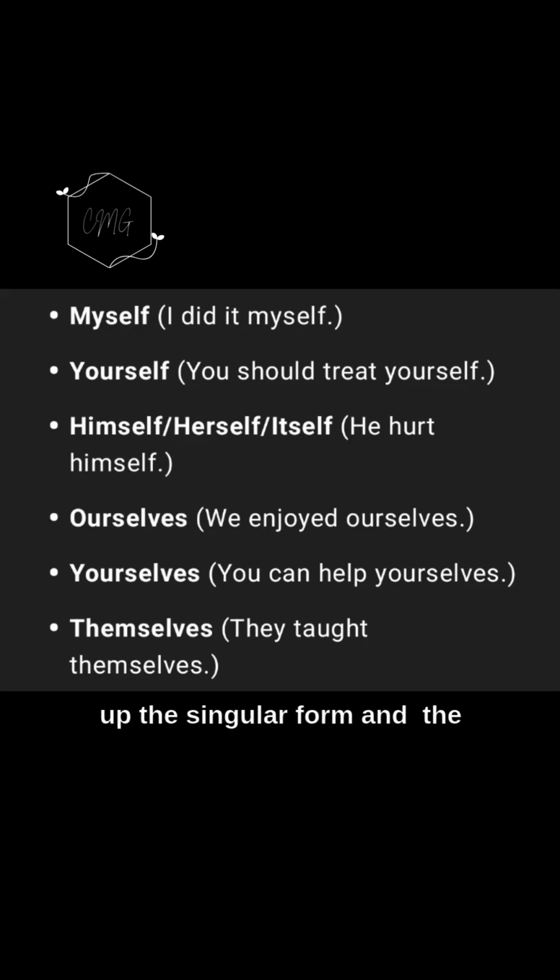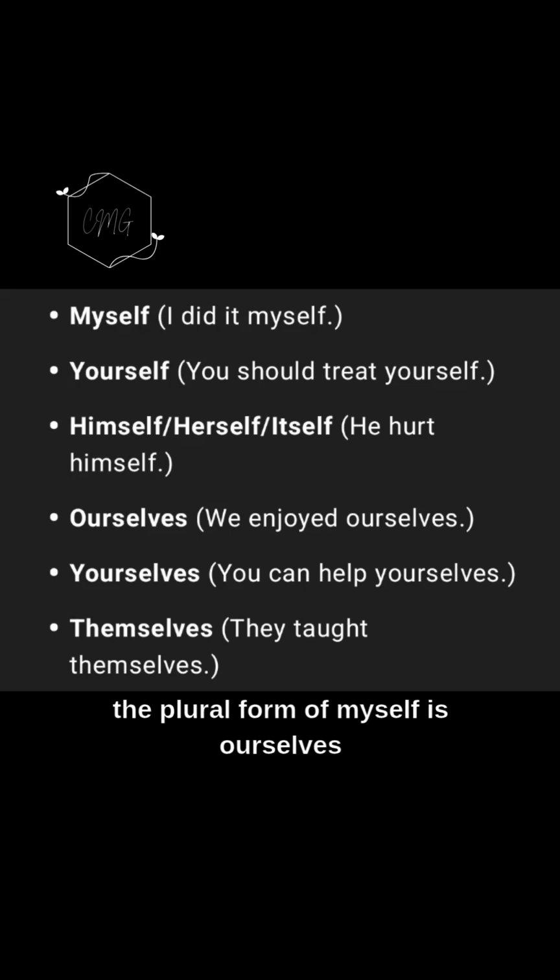So we are mixing up the singular form and then the plural form. The plural form of myself is ourselves. Yourself, plural, yourselves, right? So now we have the picture.